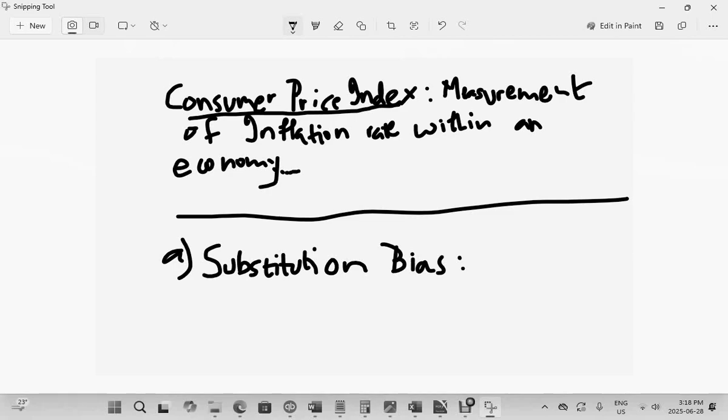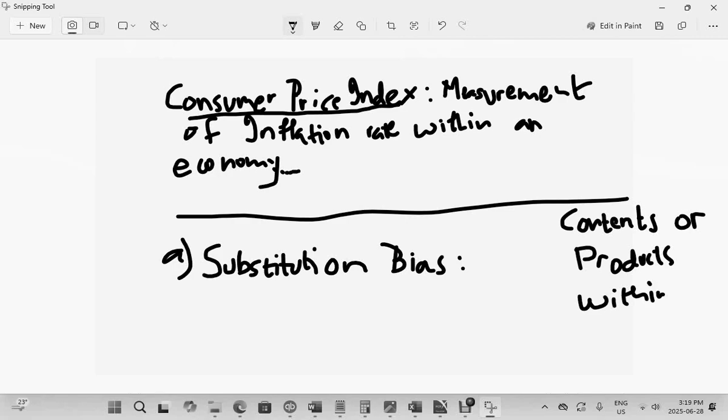When it comes to substitution bias, based on the calculations that we did earlier on the fixed basket of goods, we are assuming that all the contents or the products within the fixed basket of goods stay the same.